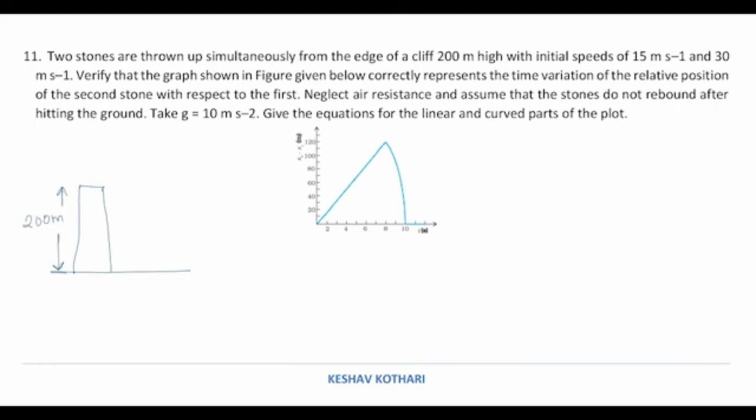The first ball, the red ball, is projected up from here with a speed of 15 meter per second, while the second ball, the green ball, is projected up with a velocity of 30 meter per second, that is twice the speed. It is evident that the ball projected with less speed will hit the ground first and will not rebound back according to the question.